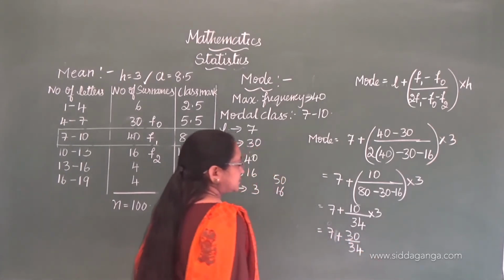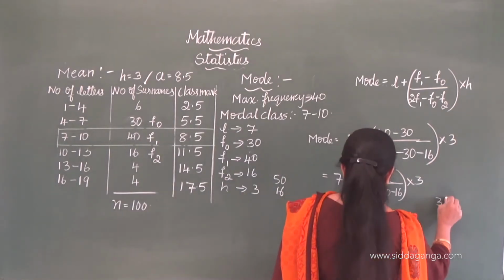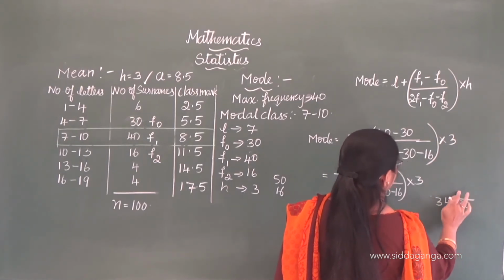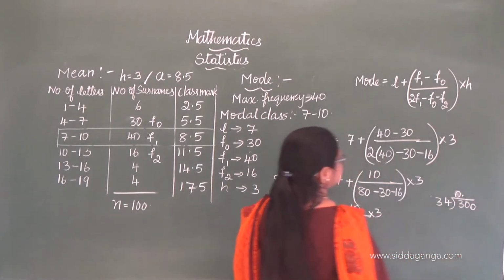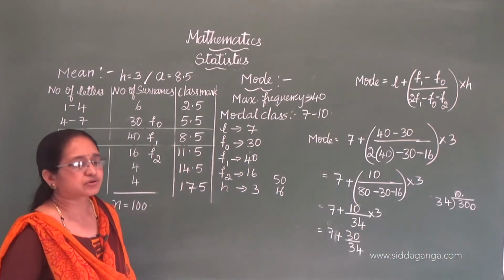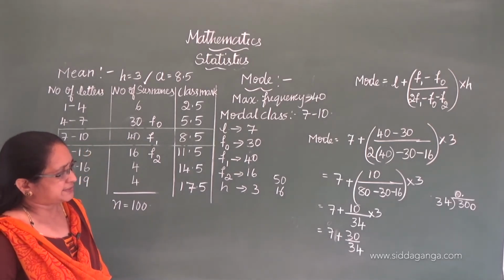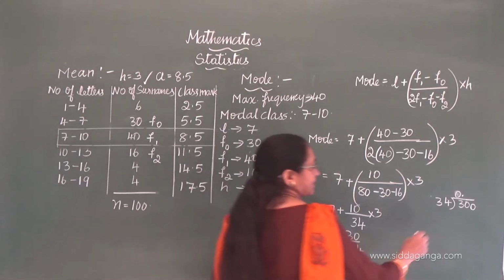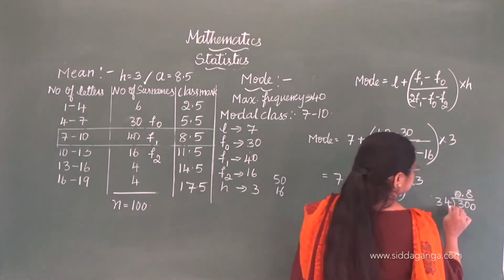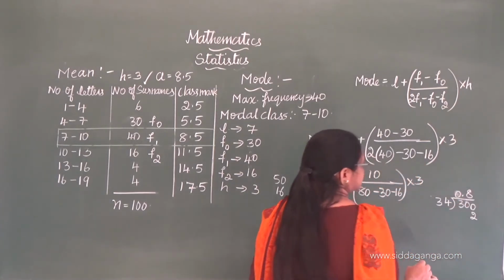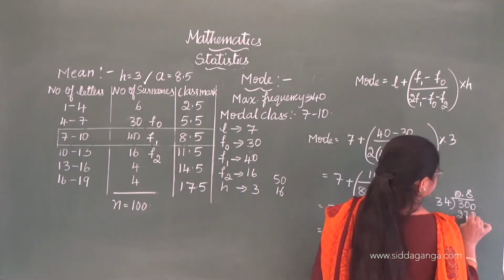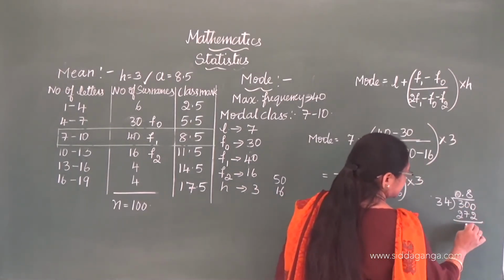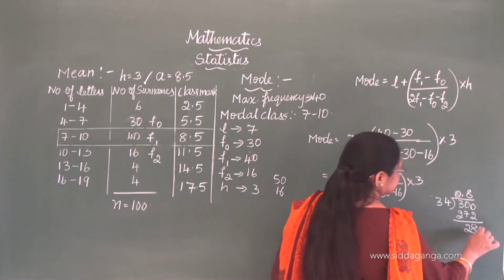You can find out the decimal value. Here try to divide by 34, you all know the multiplication table, 34 8 za, 4 za and so on.